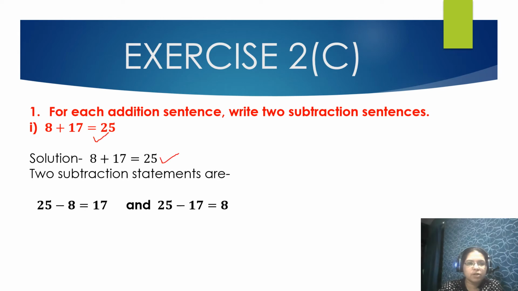This is the addition sentence and we have to write the subtraction sentences of it. So the subtraction sentences of 8 plus 17 equal to 25 are 25 minus 8 equal to 17 and 25 minus 17 equal to 8.